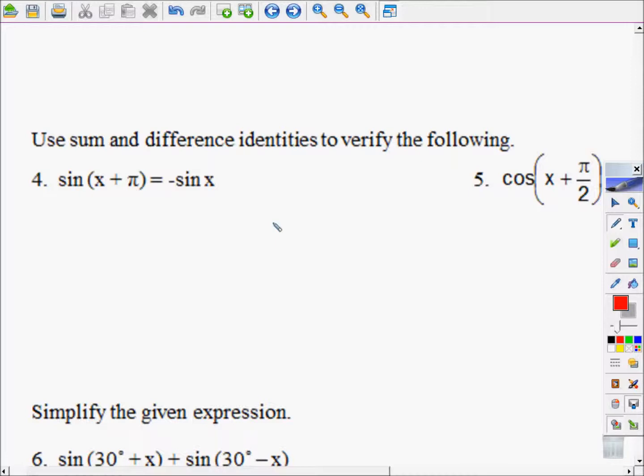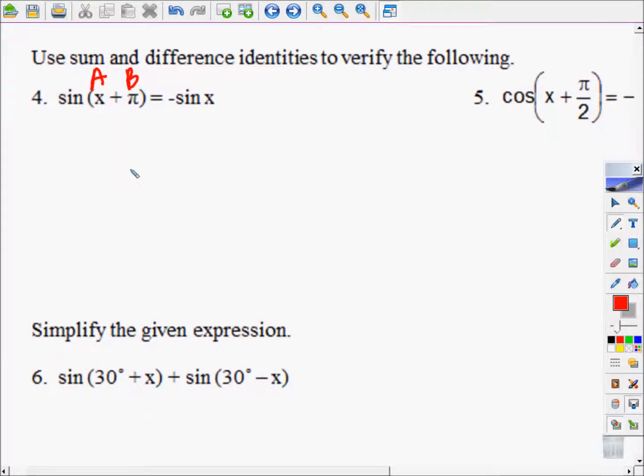So this would be my A and this would be my B, and then what would be my pattern? Sine of A plus B is the first one, right? So my formula is sine A cosine B plus cosine A sine B. And then you just plug in and simplify. Use your unit circle if need be.